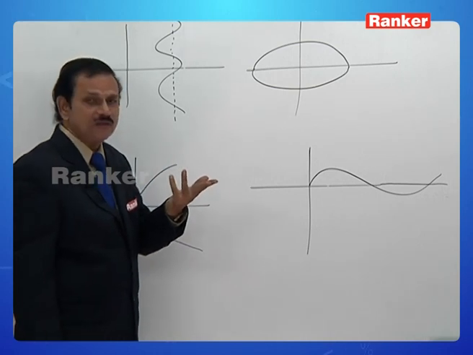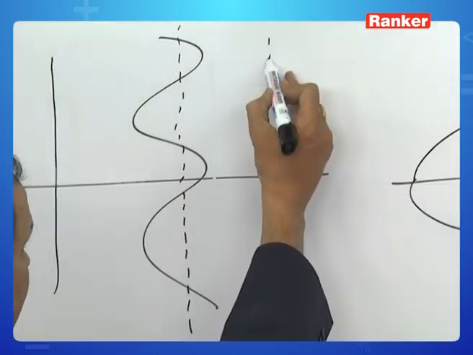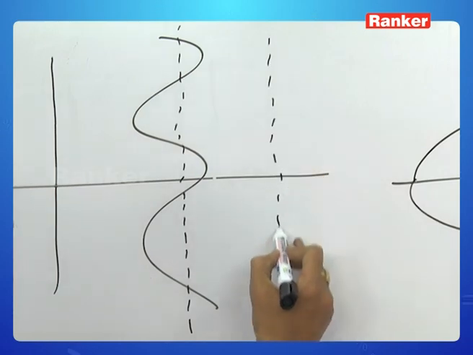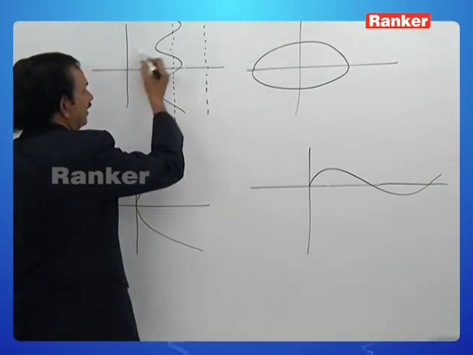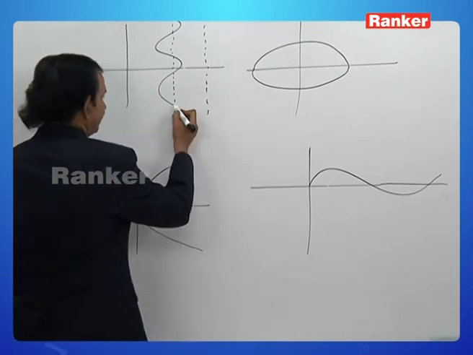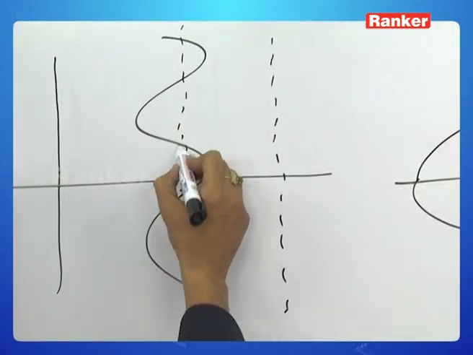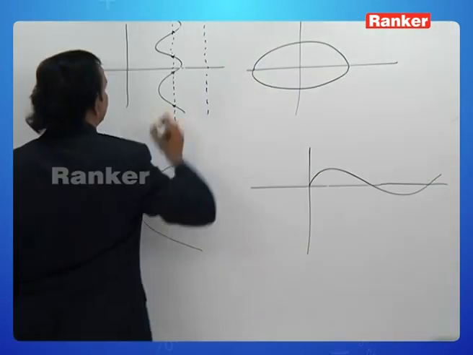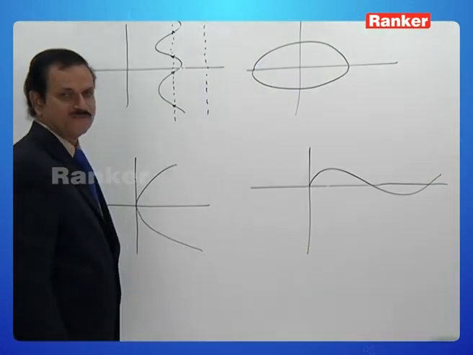At most means if you draw a line like this, it does not cut at all. If you draw a line parallel to the axis like this, it cuts. How many places does it cut? 1, 2, 3, 4, 5. No, it is not a function.